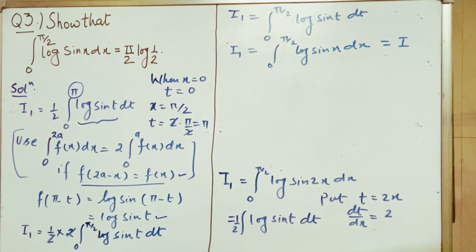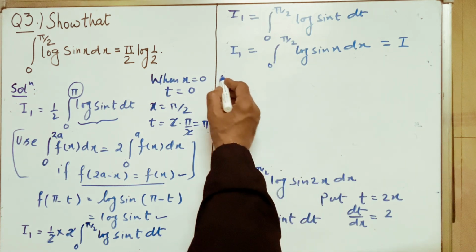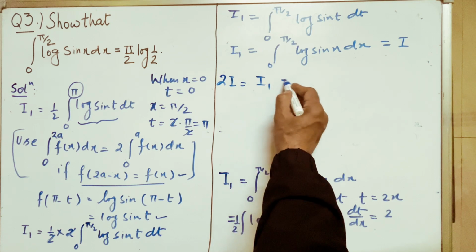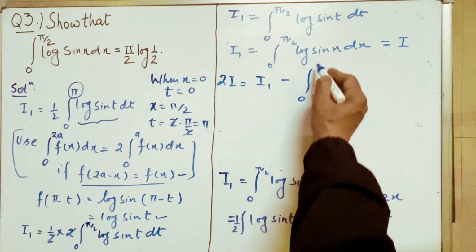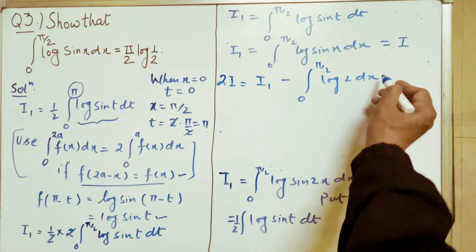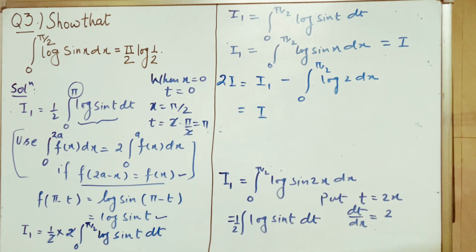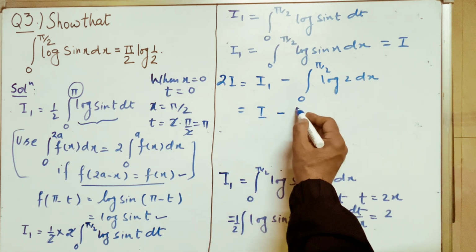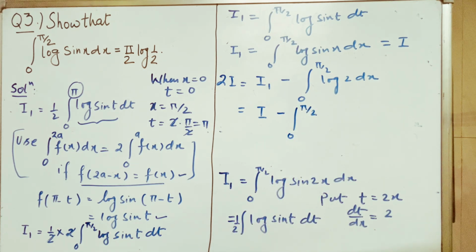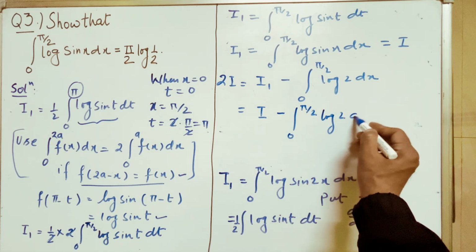So now we'll go back to the step where we left the question and we assumed this integral I1. That step was 2I is equals to I1 minus integral 0 to pi by 2 log 2 dx. So now I1 we got as I only, minus integral 0 to pi by 2 log 2 dx.